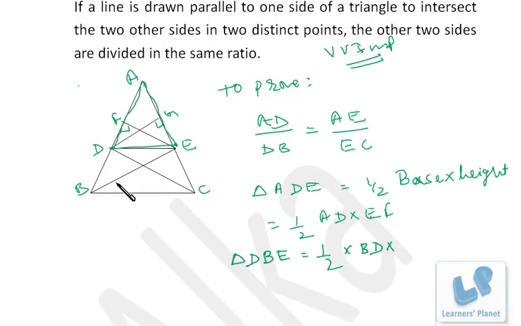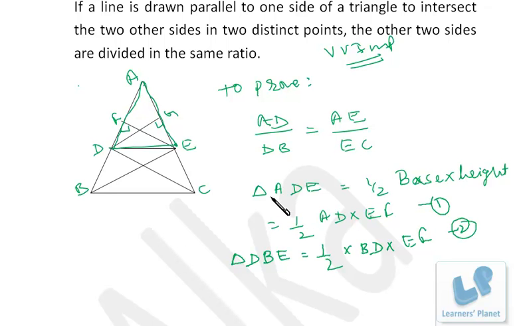This is the triangle, this is the base and this is the altitude, that means the height of the triangle. So it's EF, right? So this is the first step, this is the second step.